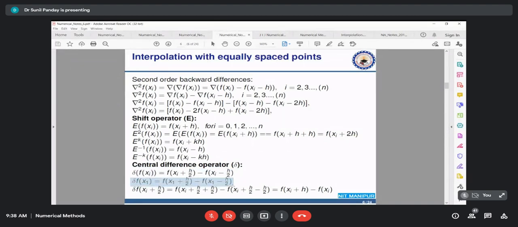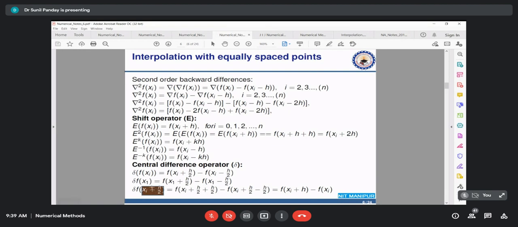In particular, if I write x1 in place of xi, I will get the central difference operator of f of x1 is f of x1 plus h by 2 minus f of x1 minus h by 2. In general, we apply this central difference operator to this kind of values, f of xi plus h by 2.